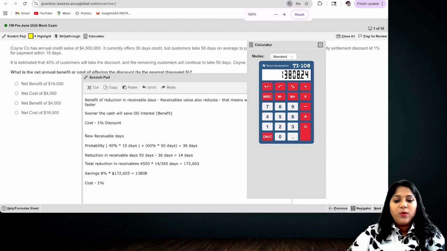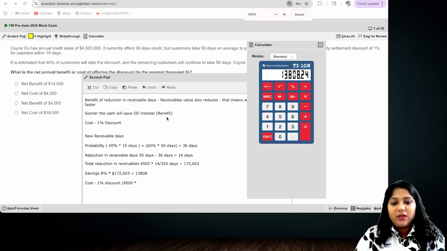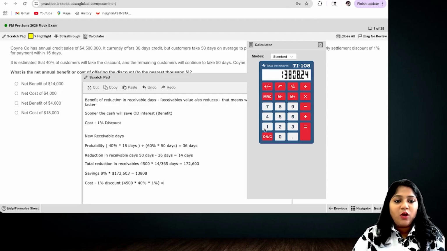But to save this, what is the cost? The cost is a 1 percentage discount, where out of 4.5 million, not all the customers are actually taking up the discount. Only 40 percentage are taking up the discount. So can I say 4.5 million multiplied with 40 percentage of customers will take up a 1 percentage discount, and that's my cost of this.